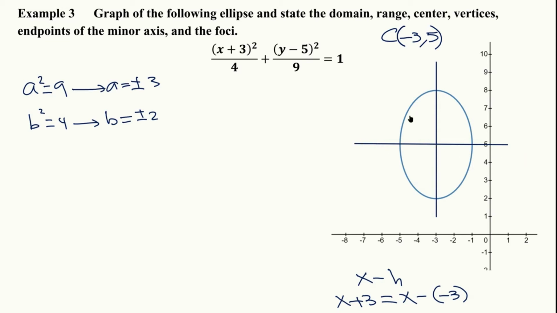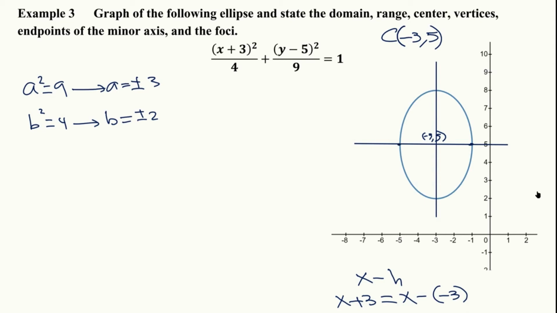What you can do is draw yourself a pair of axes right there. That's going to make graphing the ellipse really simple at that point. So now once you have your center at (-3, 5), to get these points, this is why I was telling you, don't stress about memorizing all that x plus a, h, and all that, because all you got to do is look.